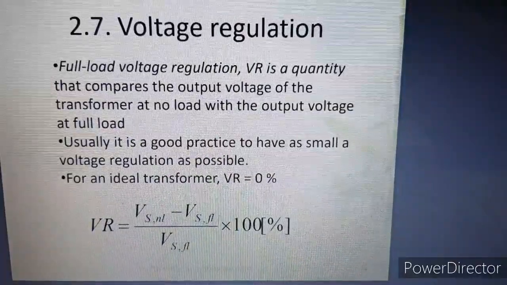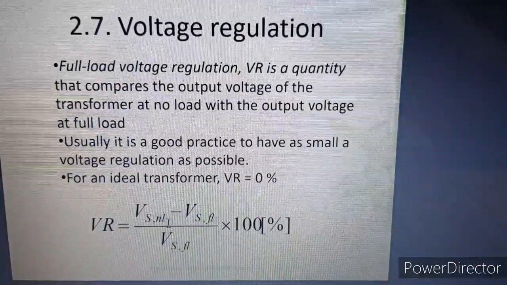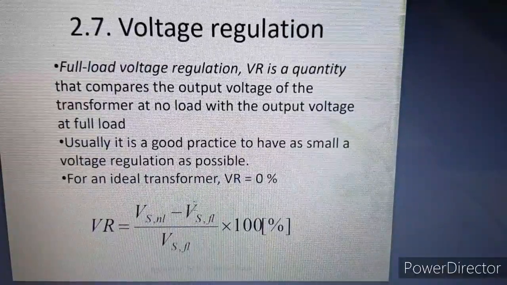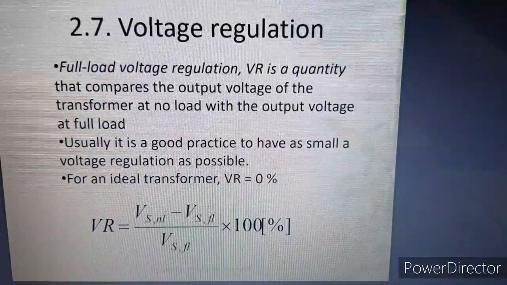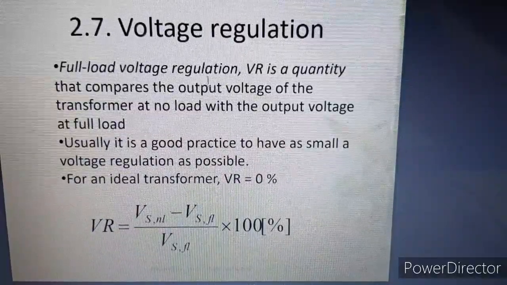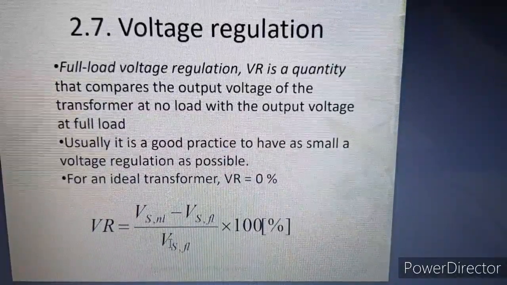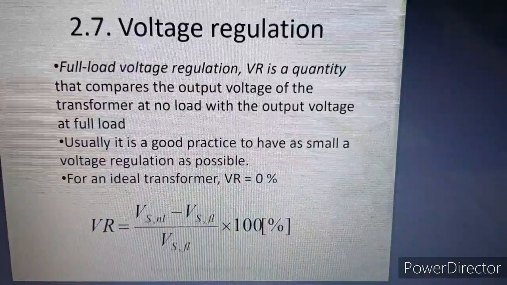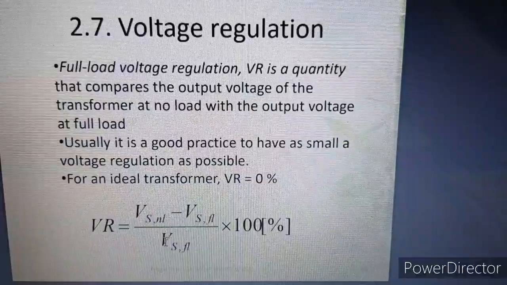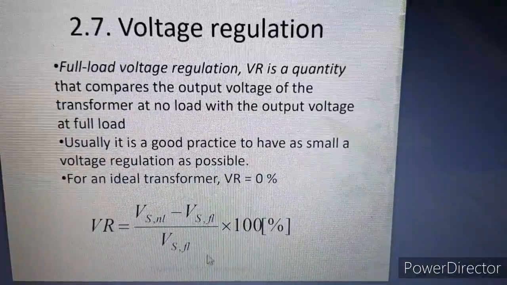First of all, please notice that all the voltages used here are on the secondary side. Why? Because we compare at the output, and the output for a transformer is on the secondary. So Vs no load minus Vs full load over Vs full load.